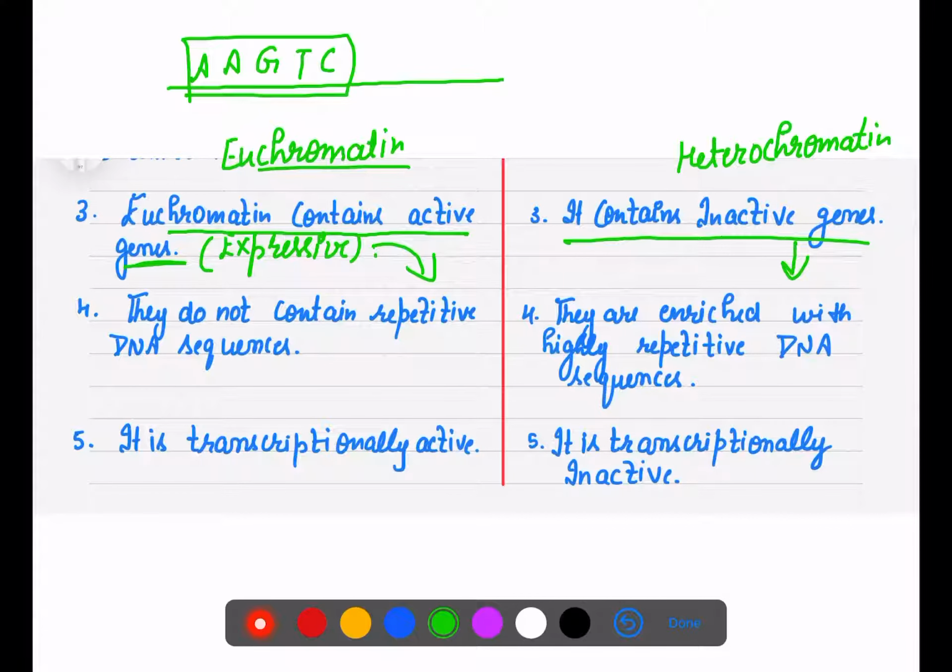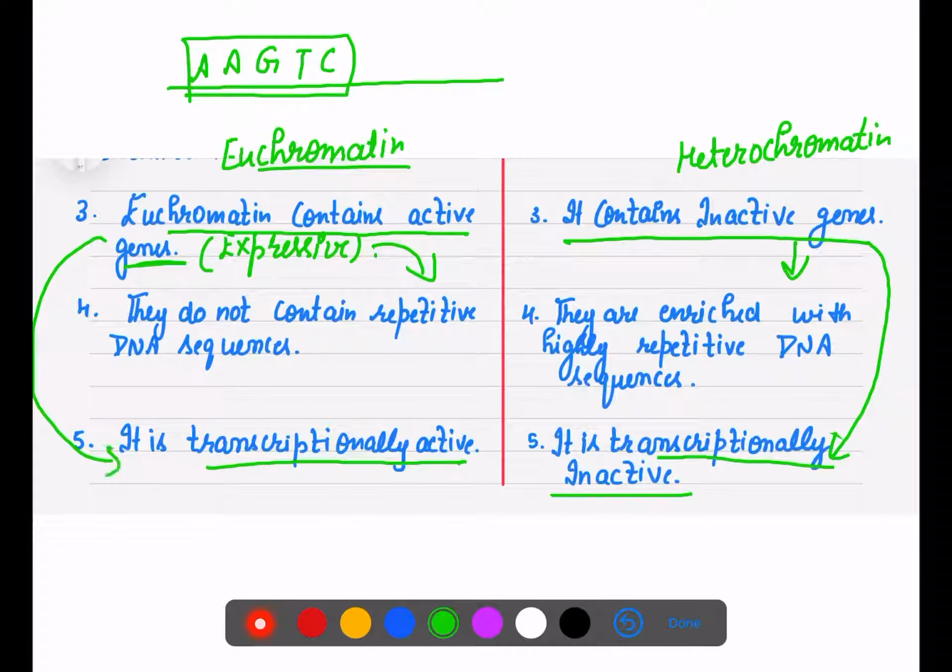That is why we say euchromatin is transcriptionally active and heterochromatin is transcriptionally inactive. Euchromatin is transcriptionally active because from these genes DNA information is read, converted into mRNA and ultimately expressed into protein.